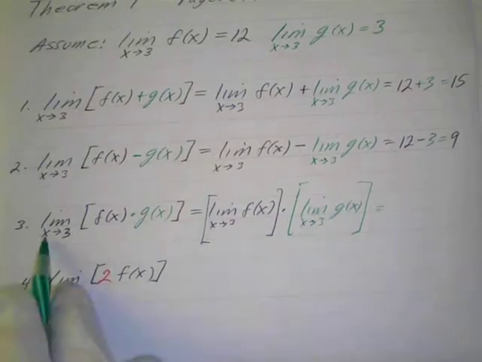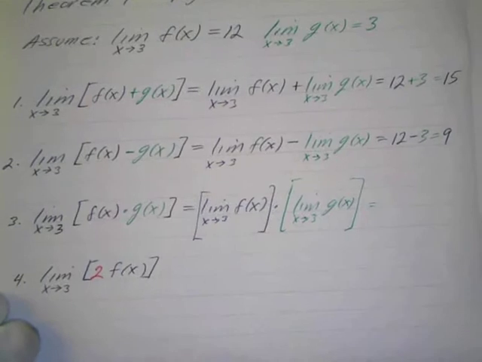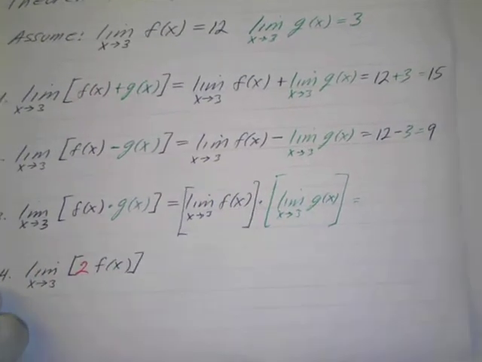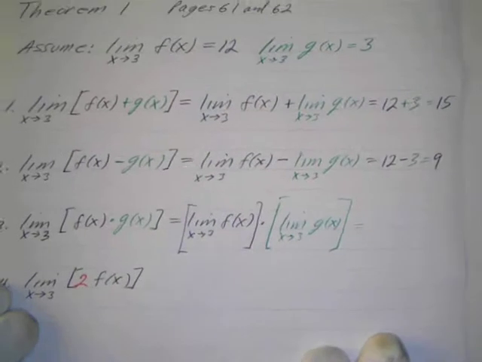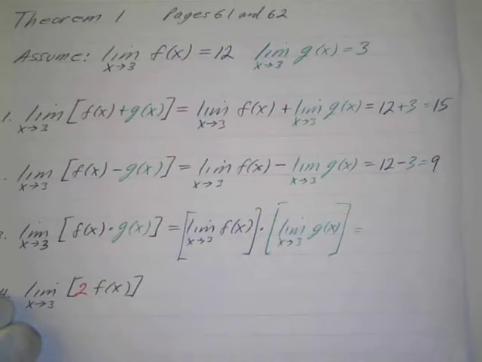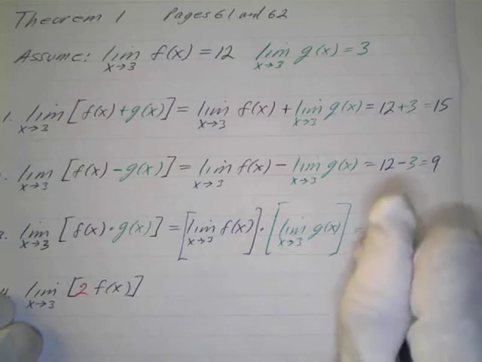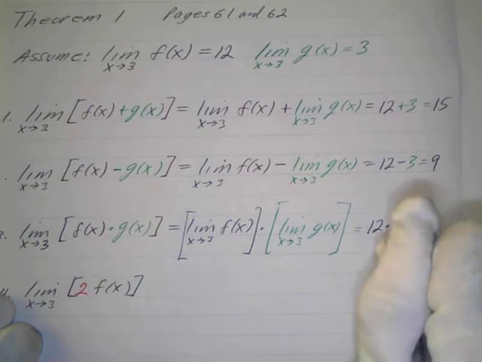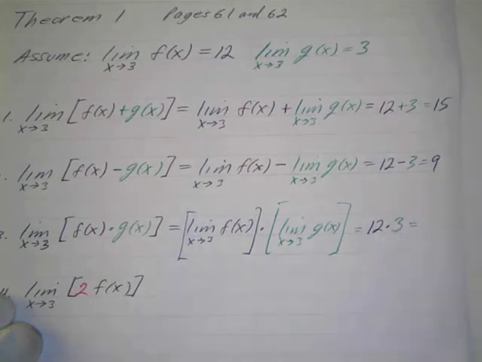All right, one limit, two limits. Limit of the product, singular, is the product of the limits, plural. Okay, and then from our values, the limit as x approaches 3 of f of x is 12 times the limit as x approaches 3 of g of x is 3, and that would give me 36.